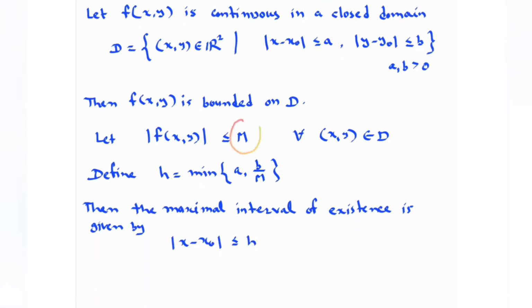Then we have to find the maximum bound, |f(x,y)| ≤ M. So we have to find the value of M, then we define h such that it is the minimum of a and b/M. When we find the value of h, we can easily determine the maximal interval of existence such that |x - x0| ≤ h.